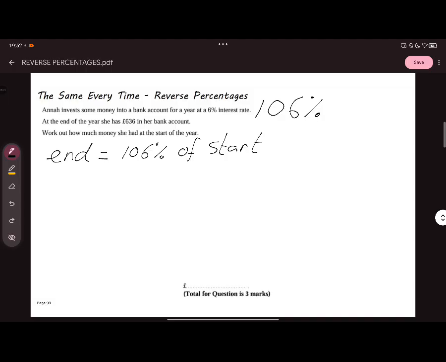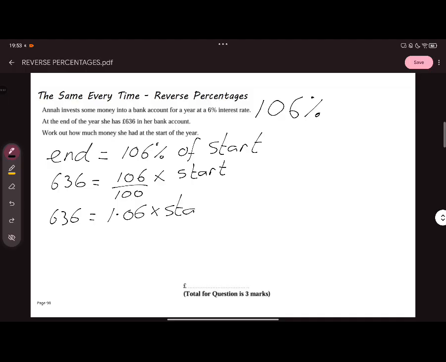They tell us how much money she has at the end, 636, and 106%, 106 over 100, of becomes a multiply, and the starting amount is what they want us to calculate. So 636, 106 divided by 100, 1.06, times by the starting amount. And as I did before, I'm just going to write it the other way around. 1.06 times by the starting amount equals 636.